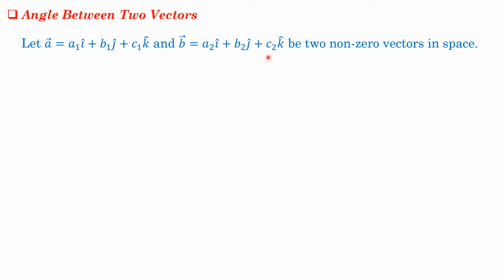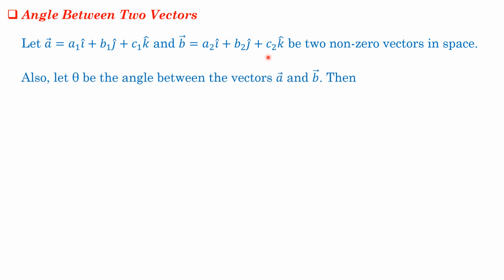Then we take theta to be the angle between these two vectors. Then we have the formula for a dot b, and from here cos theta will be equal to a dot b divided by modulus a modulus b, and from here we can find the angle between the two vectors.